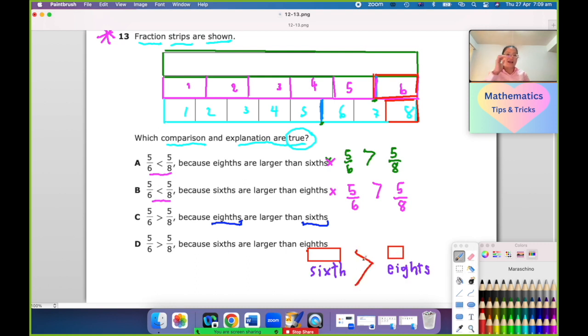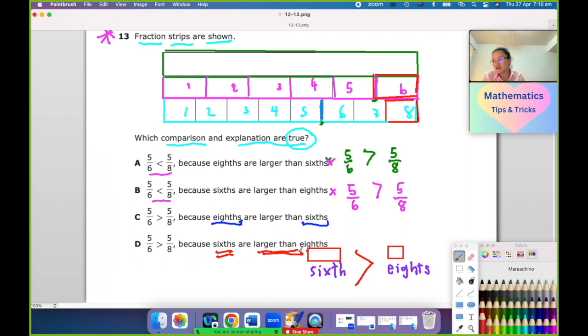So when you look at the figures, when we divide it into 6 pieces, you can see that the piece is greater than when we divide it into 8. So 5 over 6 is greater than 5 over 8 because 6 pieces are greater than 8.